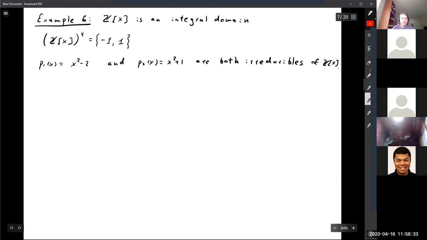And the next point is that an element which is irreducible in a subring can be reducible in a larger ring.